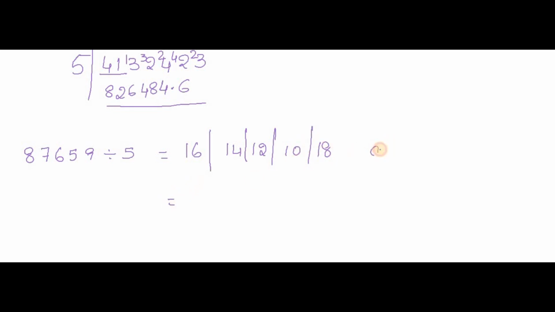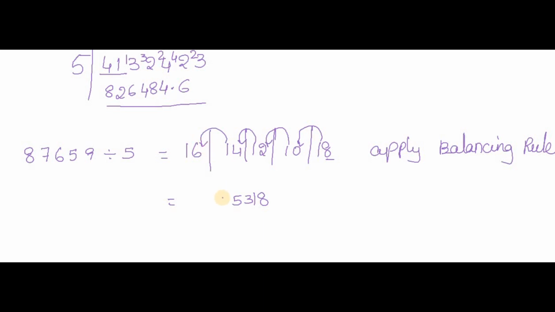And we all know that the last digit will come as it is, and this one will move on for this. 0 plus 1 is 1, 1 plus 2 is 3, 1 plus 4 is 5, 1 plus 6 is 7, and 1 will come as it is.